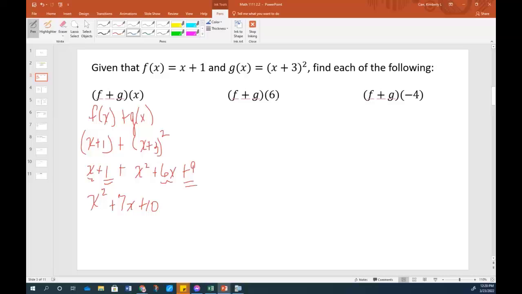Now f plus g of 6, you have some options here. I can take that and plug it into what I just got as the answer. So I know that this is f plus g of x, and now I need to plug a 6 into f plus g. I can simply take the 6 and plug it into the answer I just got.